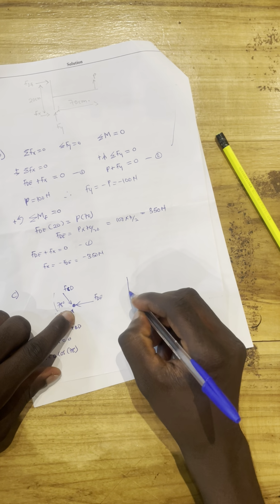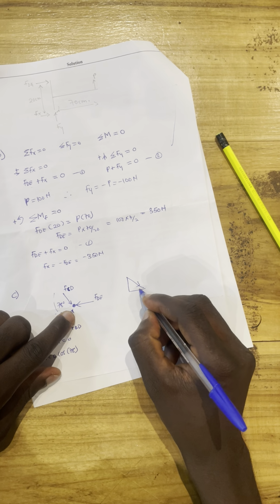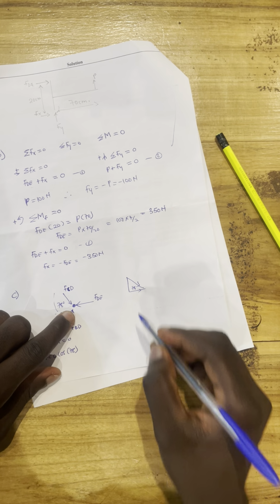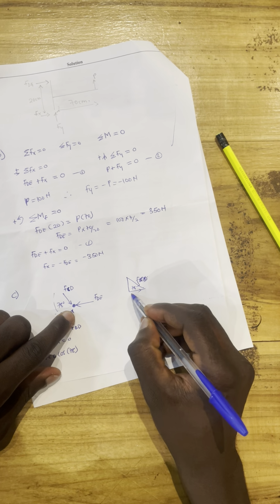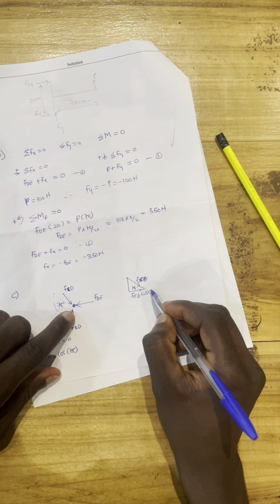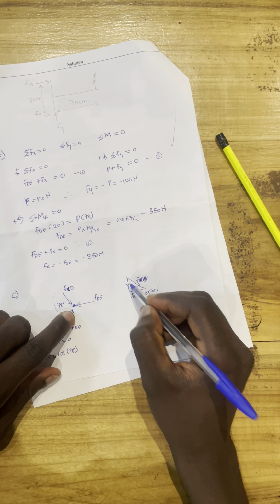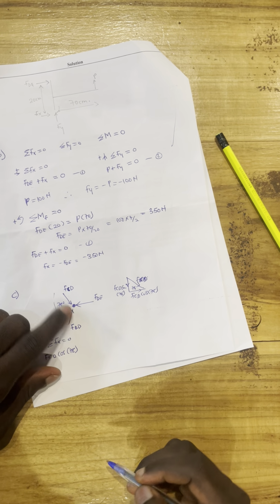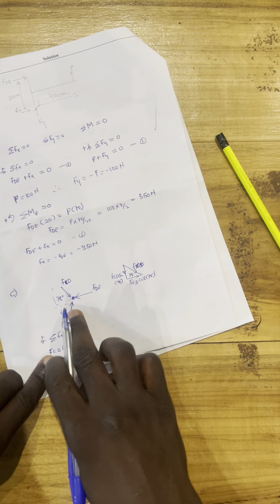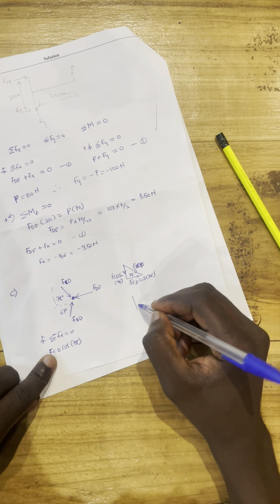So this force is going to be like this, right? 78 here. Okay, so if this is FCD, I'm going to have FCD cos 78, and then the vertical will be FCD sine 78. You get it? Okay, the same way for this one.